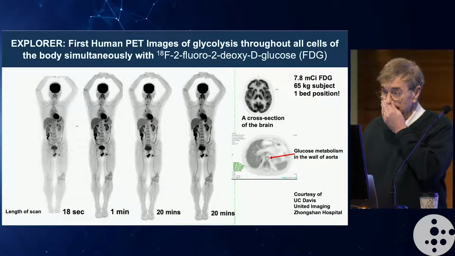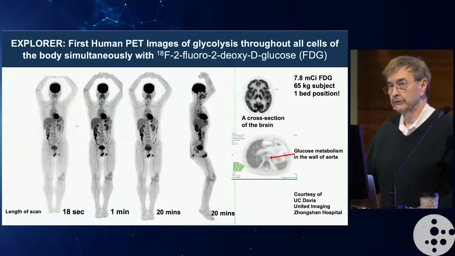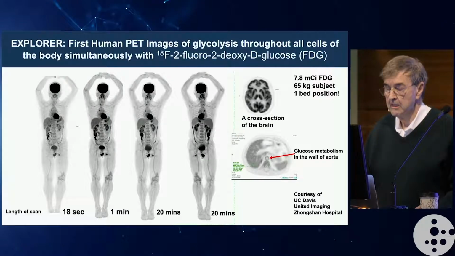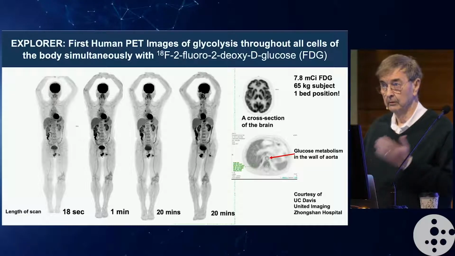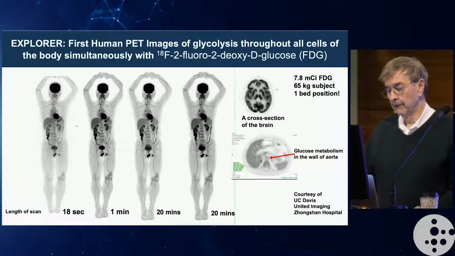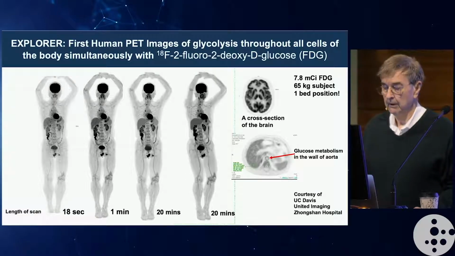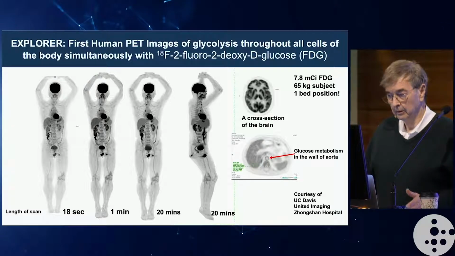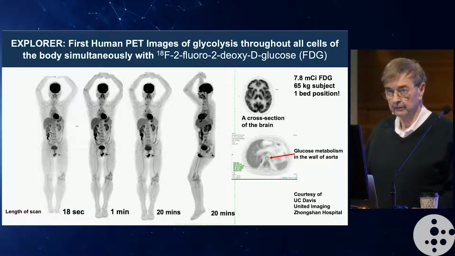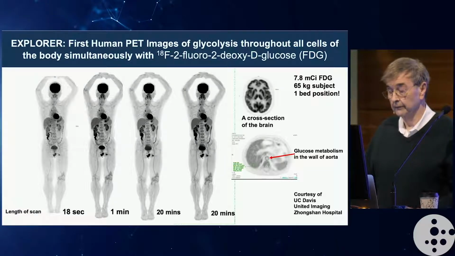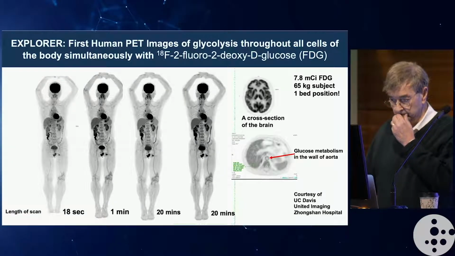So in whole body imaging conventionally today, we typically take 20 minutes to do the whole body. To the right, you see a 20-minute total body image with Explorer. This is the probe fluorodeoxyglucose, so it looks at glycolysis throughout all the cells in the body.